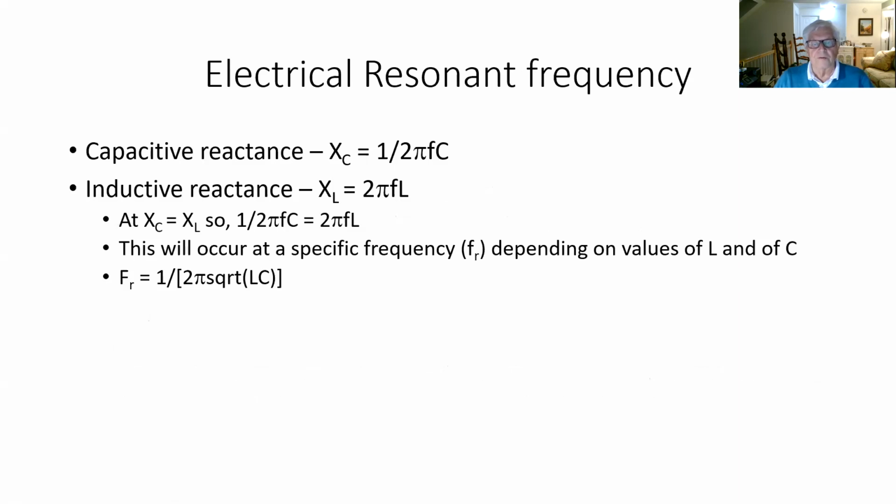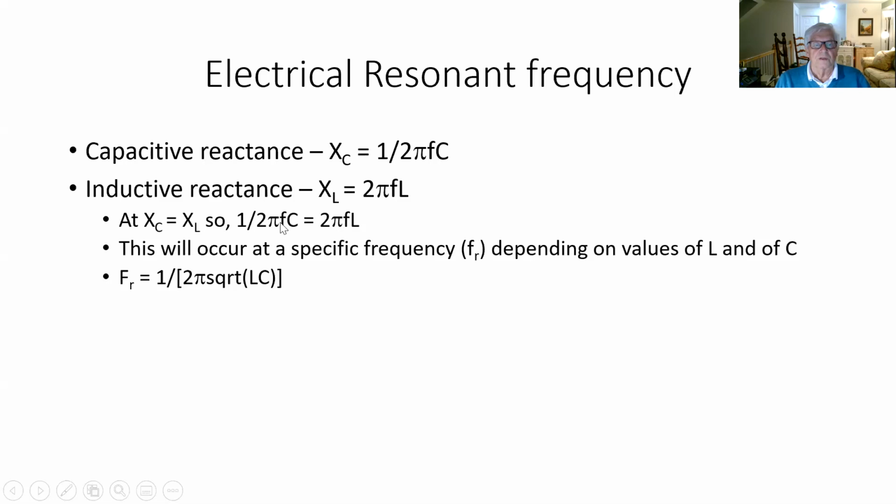So how do we derive that electrical resonant frequency? Well, we go back to our two equations. Xc equals 1 over 2 pi fC, and XL is equal to 2 pi fL. We let one equal the other and solve for the frequency.